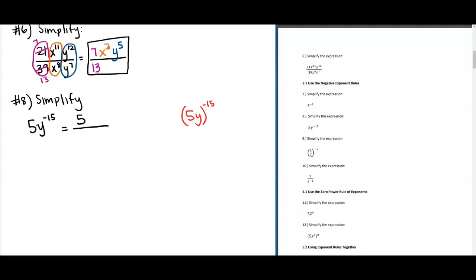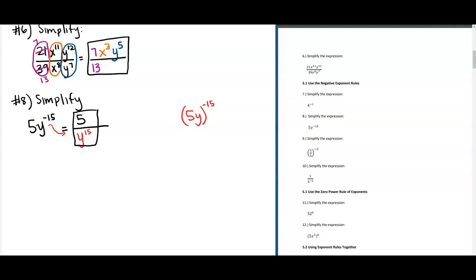But y is to a negative power, right? So that means it's unhappy. It's not happy upstairs, so it wants to move downstairs. So that y to the 15th is going to move downstairs, and then it will be positive. And now it's happy where we want it. All right, so that would be your answer, 5 over y to the 15th power.